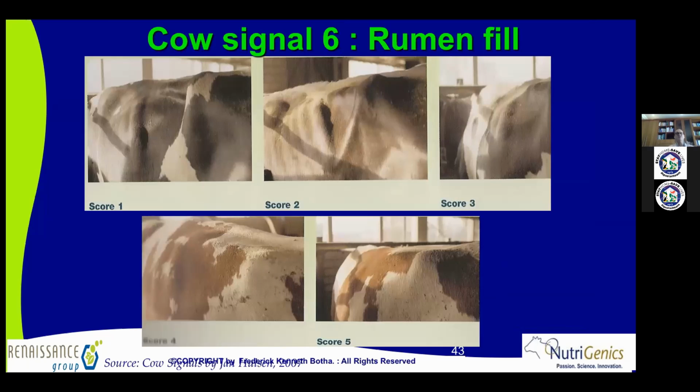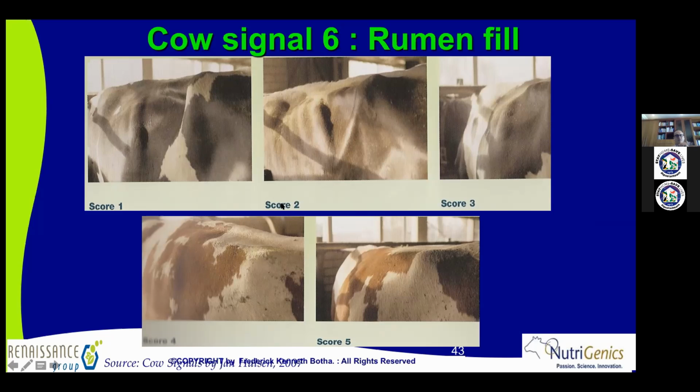Another signal is rumen fill, something that we use in every group. So when I go into a group and it's 2 to 3 hours after they've been fed, and I see a cow with a rumen fill score of 1, I know something is wrong. There's something in my diet that's either not palatable, or the cows are without feed, but this is not normal for cows to be this empty a few hours after we start feeding them early morning.